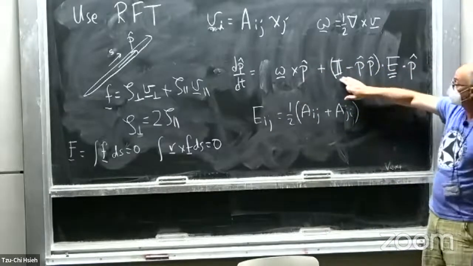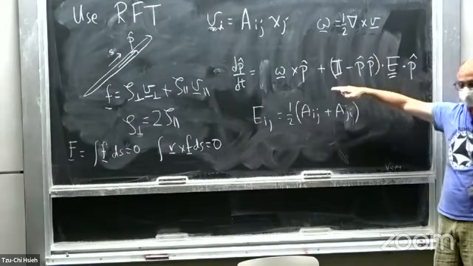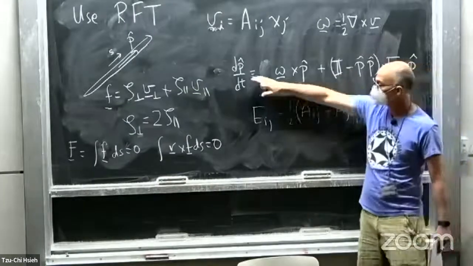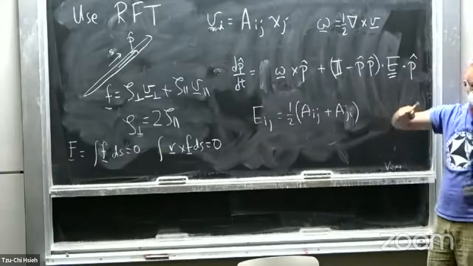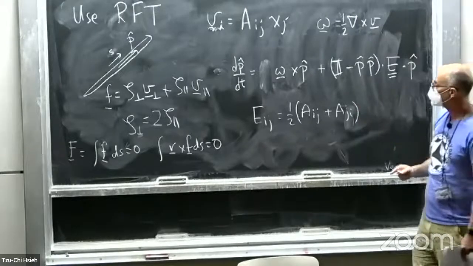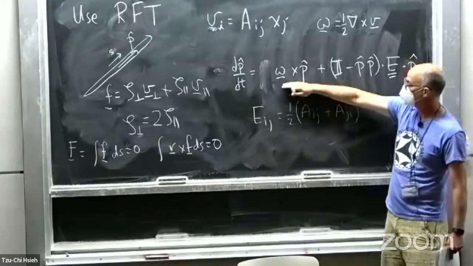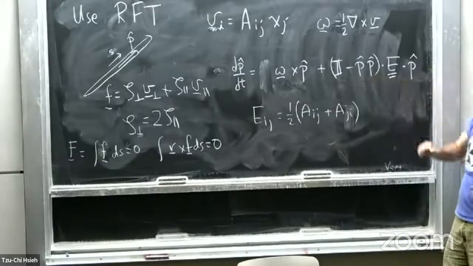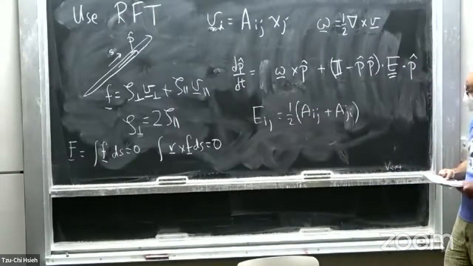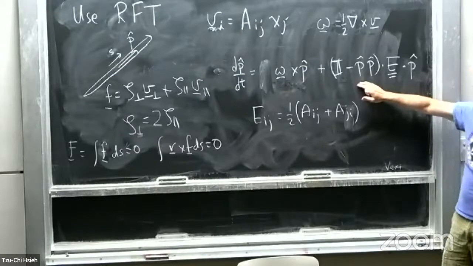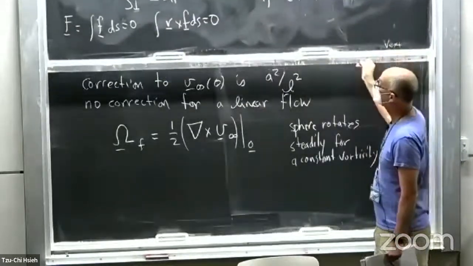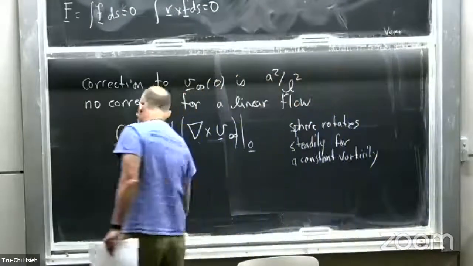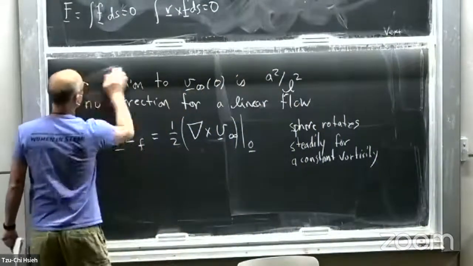It just pops out, but p is a unit vector. So if I dot the left-hand side, the only way that p can change is its direction because it's a unit vector. So this is perpendicular to p, and I also have to take care of that as well. This is the time-dependent piece, right? So if I look at a flow, look at shear flow, for example.